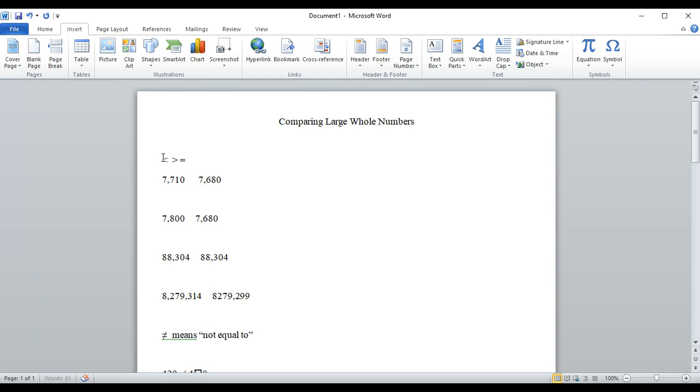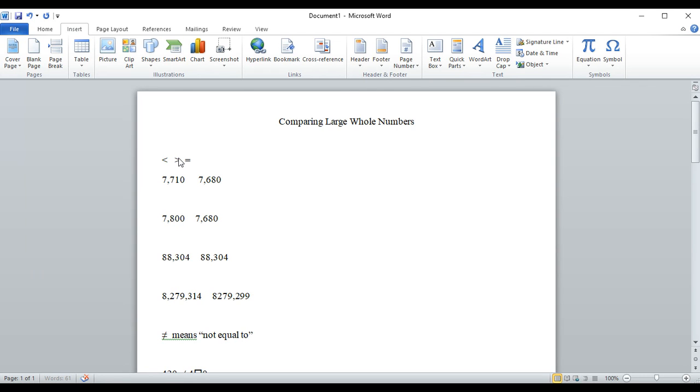I like to think that this is the smaller opening, so less than, and this is the larger opening, so greater than, and of course equal to, we are used to. I just want you to get familiar with calling them by their right names, because as you get older, that will be expected.